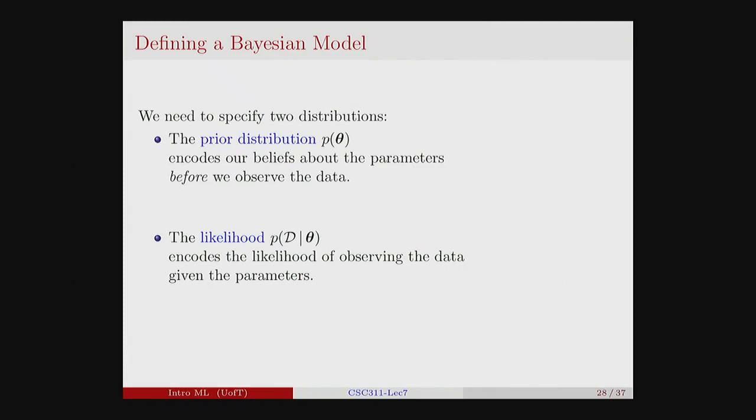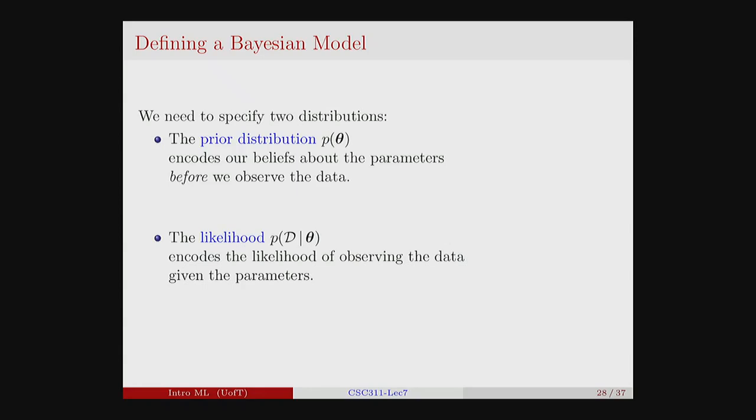And so in order to get around this, we're going to use what's called a prior distribution. So in the coin flipping example, we modeled the patterns in the coin using this Bernoulli random variable. The Bernoulli random variable had a parameter theta. Theta lies in the unit interval.